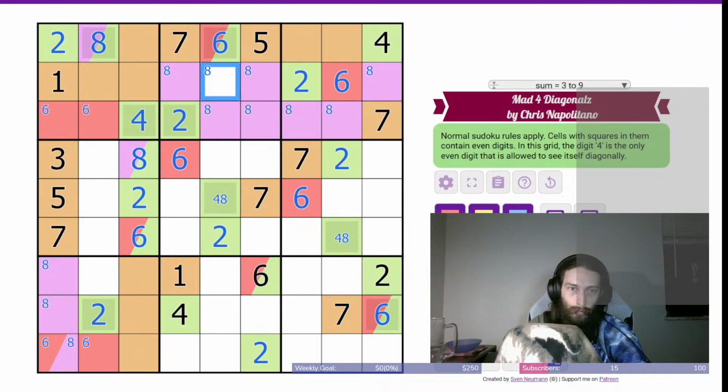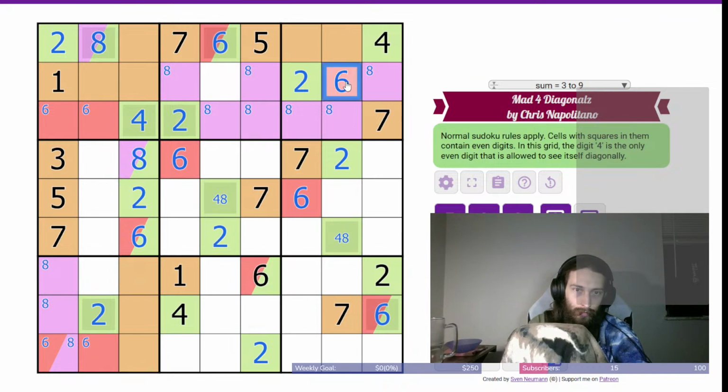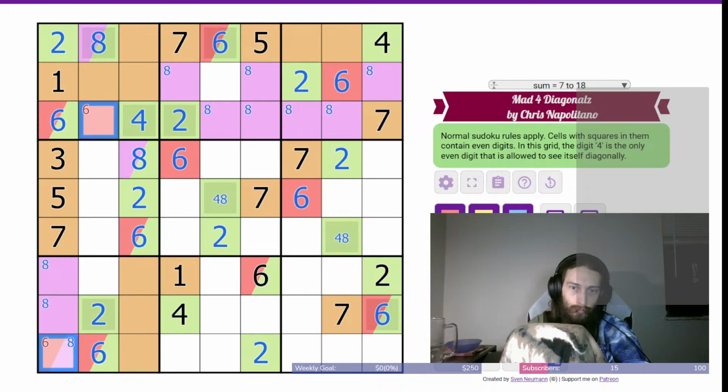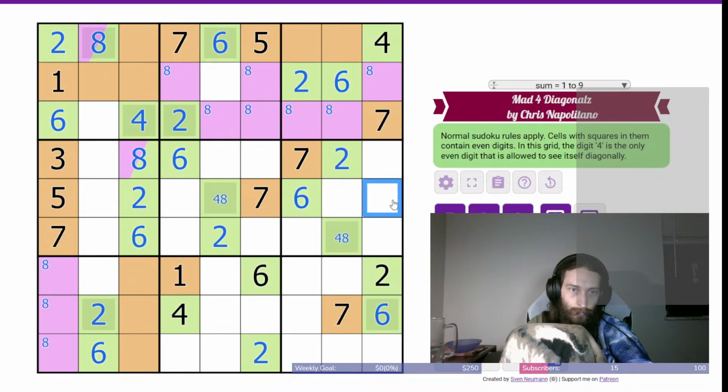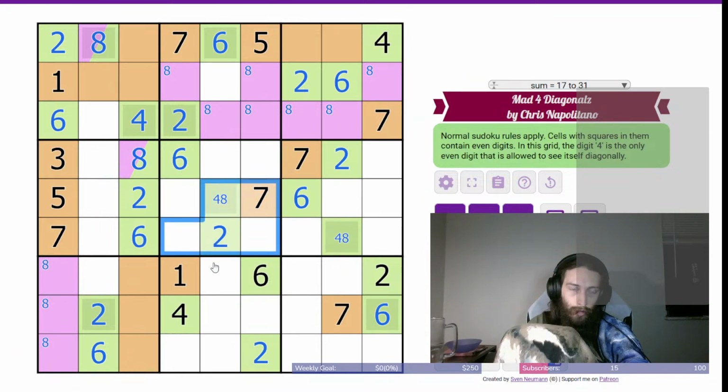This 8 gets ruled out of there. 6 on the main diagonal is going to place 6s there. So then 8 out of there, out of there.